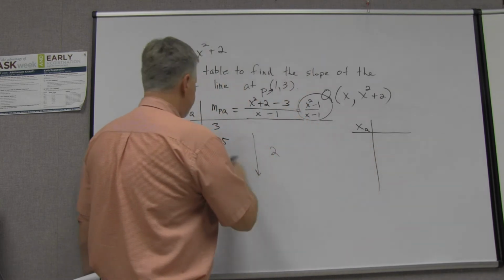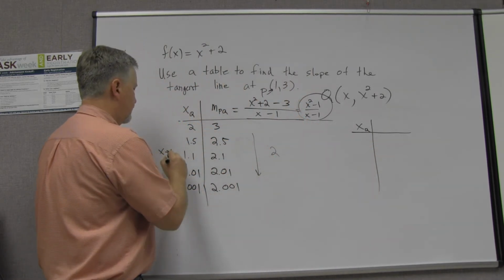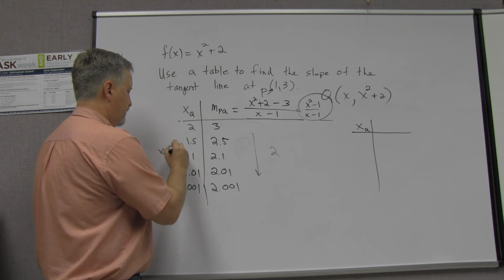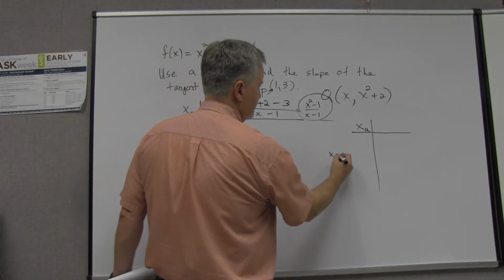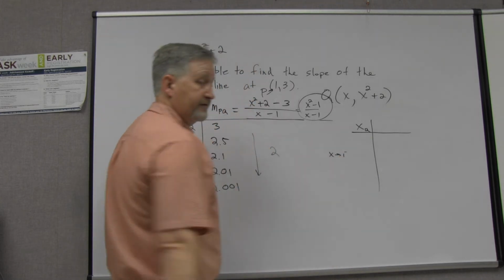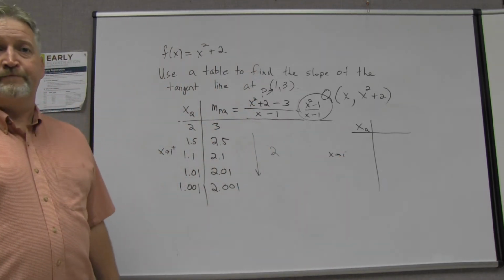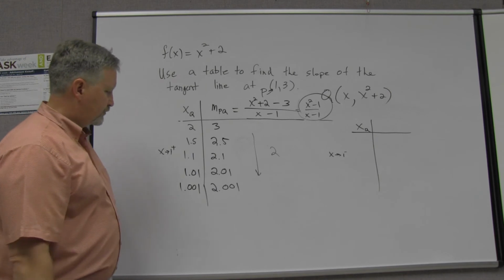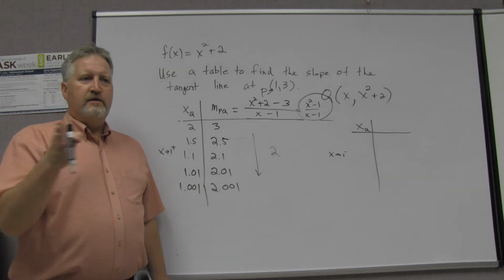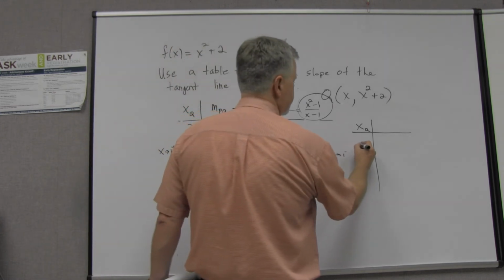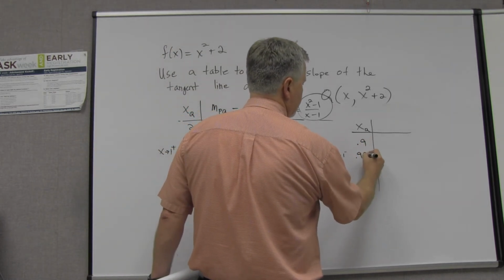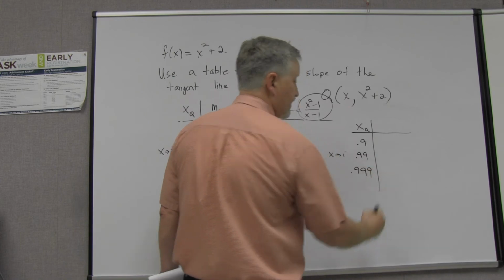These are x values approaching 1 from the right. Let's do our table over here, x approaching 1 from the left. You see what I'm saying? So what would that be? If I approach 1 from the left, so less than 1, 0.9, 0.99 for x of Q. You with me there?